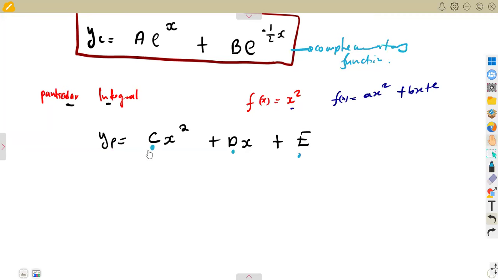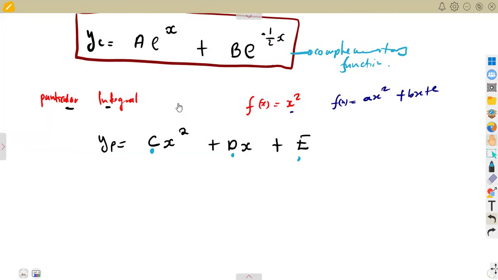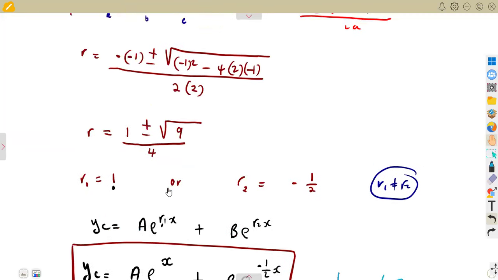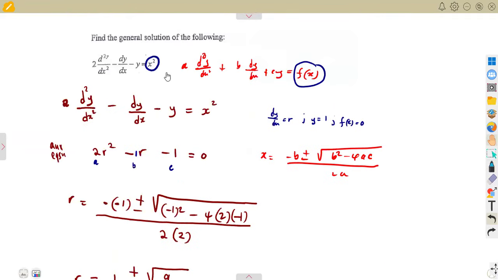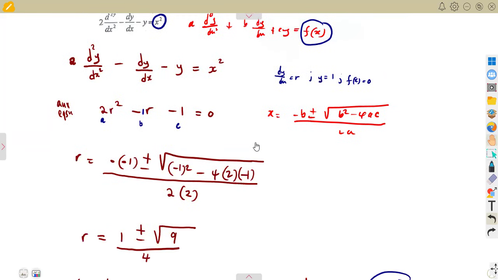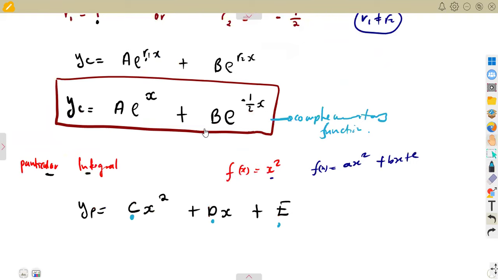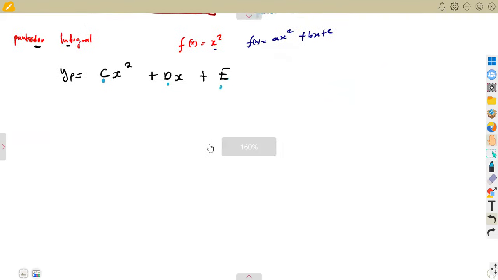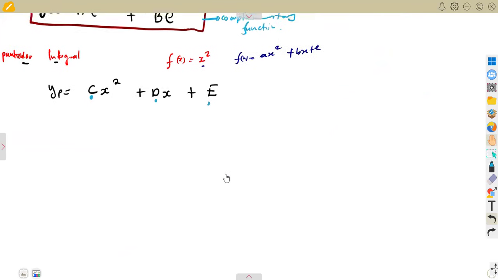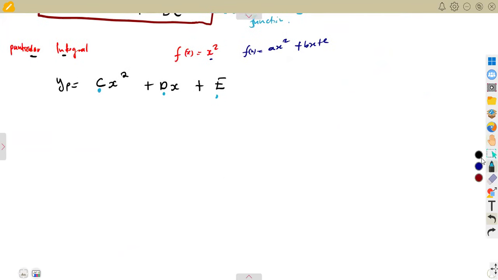From where? Since this is our yp, we are going to substitute it into the original function. Remember our original function, the way that it was given. So you go back to the original function.